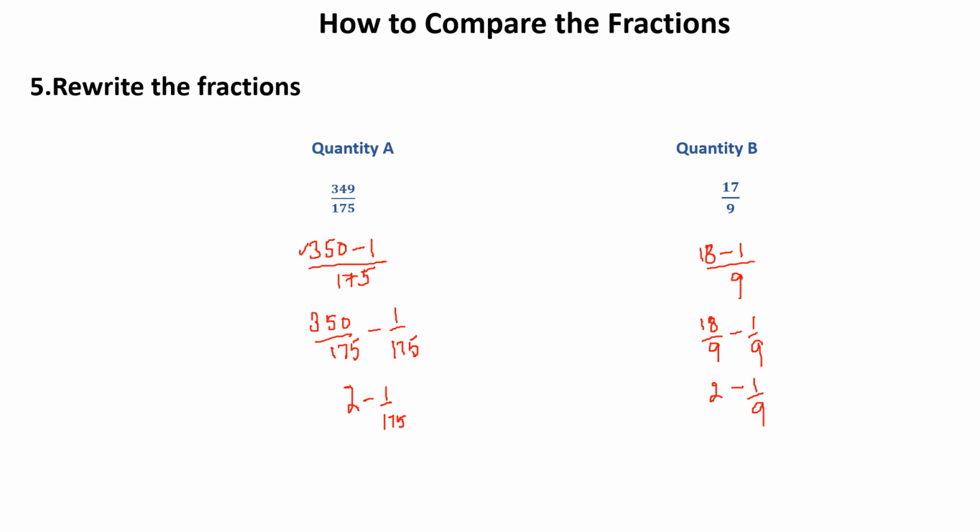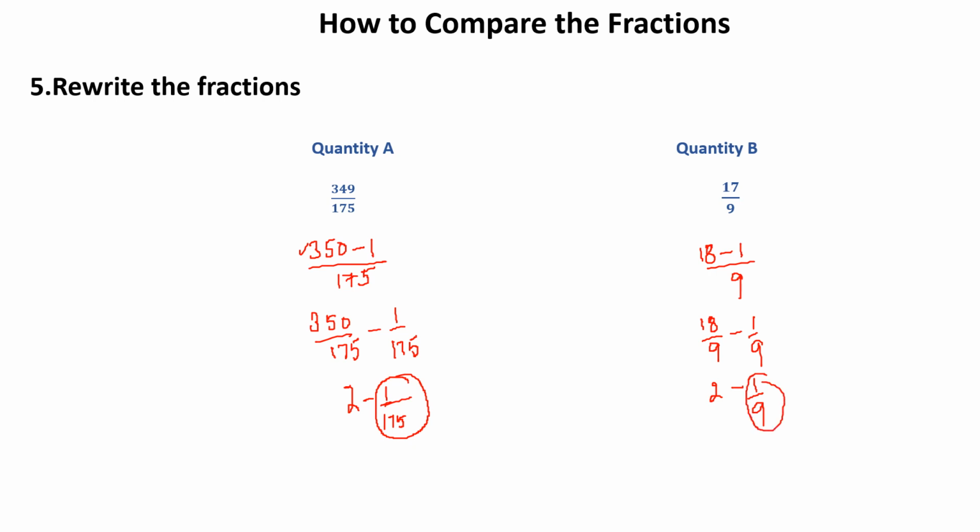Now what we can observe here is that fraction 1 by 175 has the smaller value if we compare it with the fraction 1 by 9, because same numerator. So we will check the denominator. Greater the denominator, smaller is the fraction. So this fraction has the smaller value. Now both of these fractions are subtracted from 2.